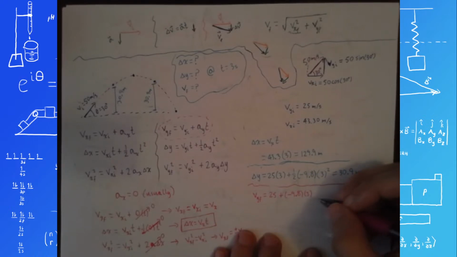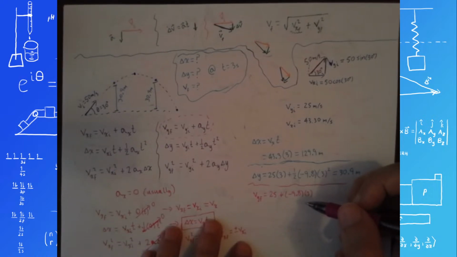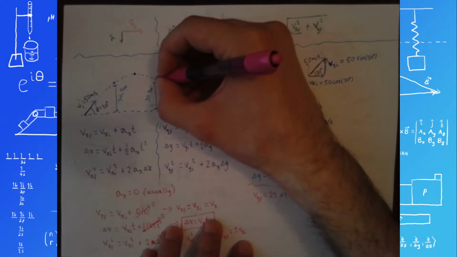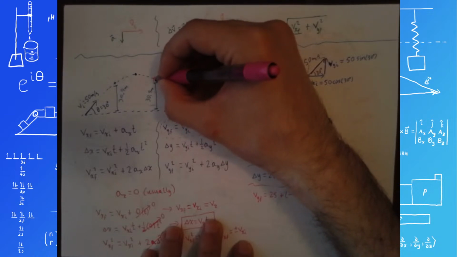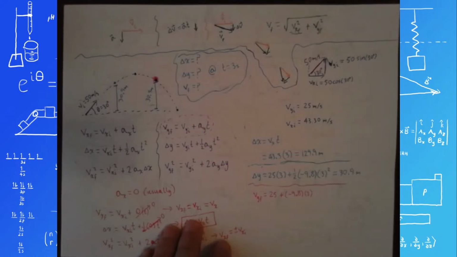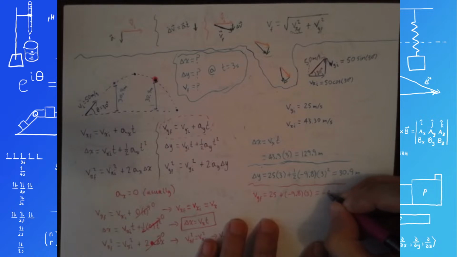And I think you can easily see negative 9.8 times 3 is almost negative 30. 25 minus almost 30 is most likely going to be a negative quantity, so we know this object is on its way down, so this would actually be our correct location. This is actually where we are on the way back down. Anyway, plug in the numbers and let's see what that velocity actually is. 25 minus 9.8 times 3 is negative 4.4 meters per second.